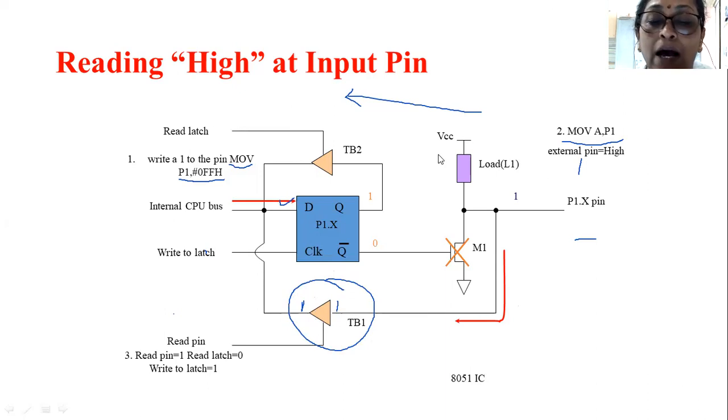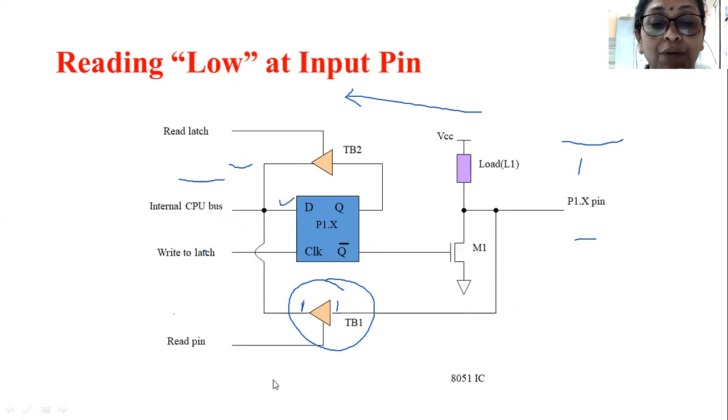Okay, and as it is applied to the output of the buffer, it will be sent to the internal bus of the CPU. In this way, the logic 1 which is present on port pin P1.x will be read by CPU.